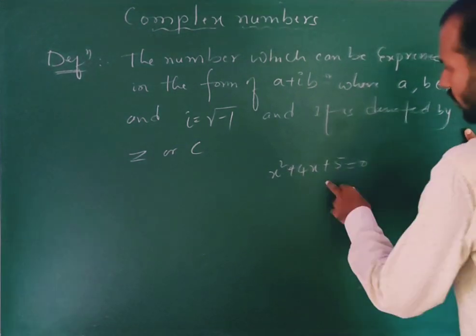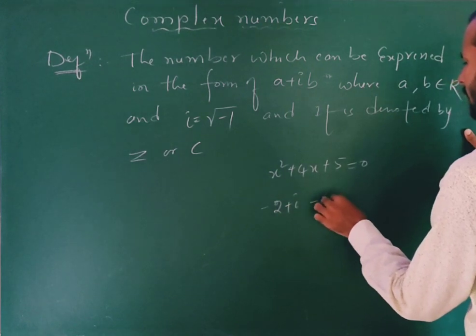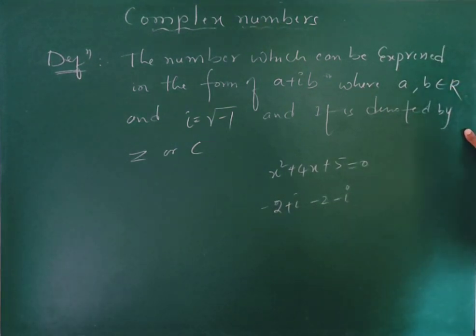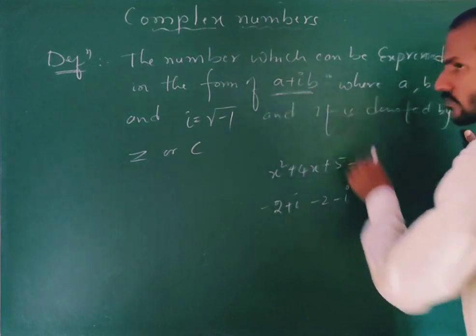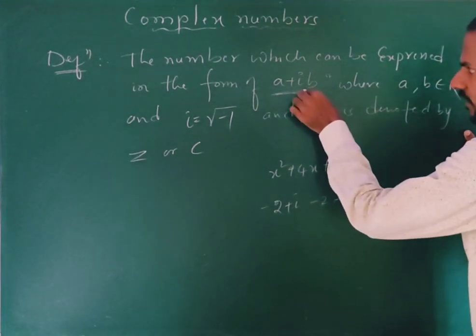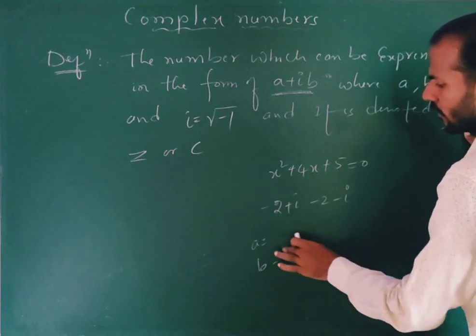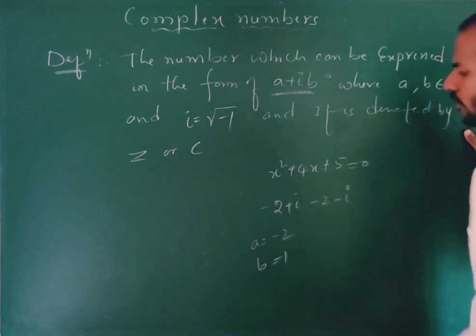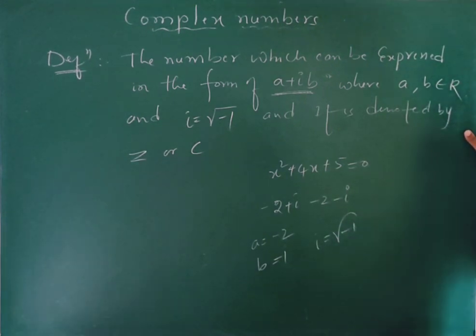In this case, what do we get here? Minus 2 plus i, minus 2 minus i are the root values of this equation. Now it is in the form of what? a plus ib. Here a is minus 2, b is 1, where i value is under root of minus 1.